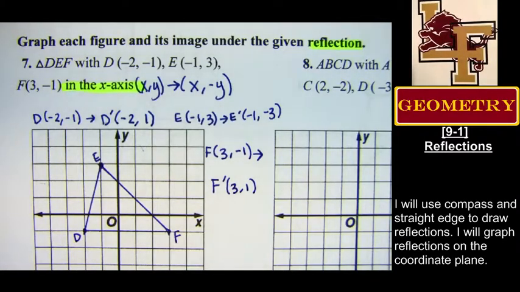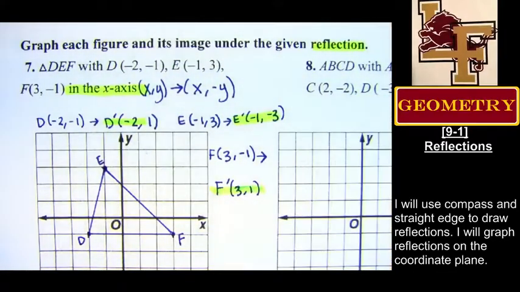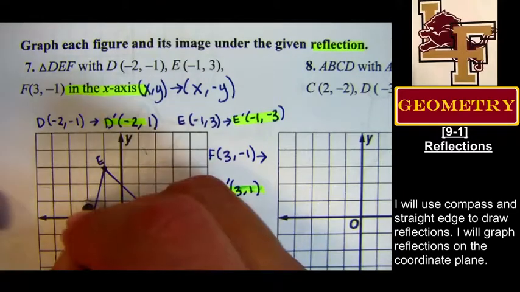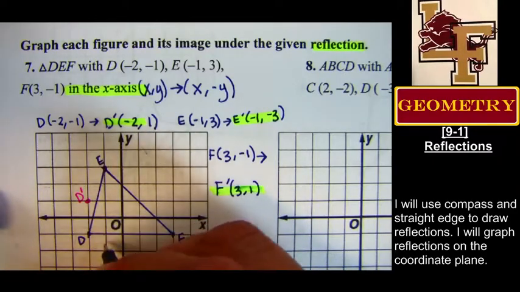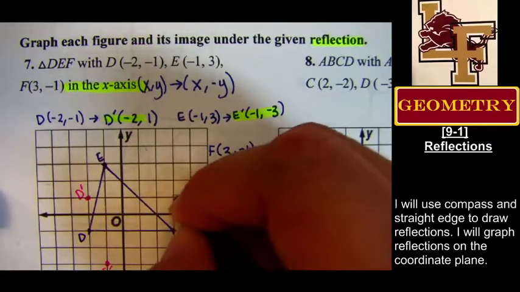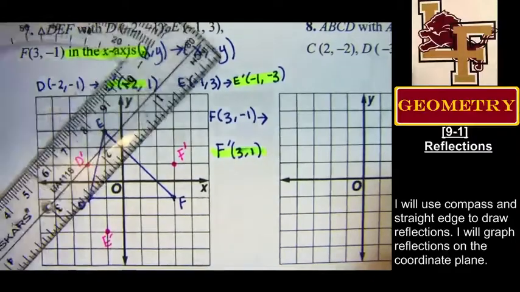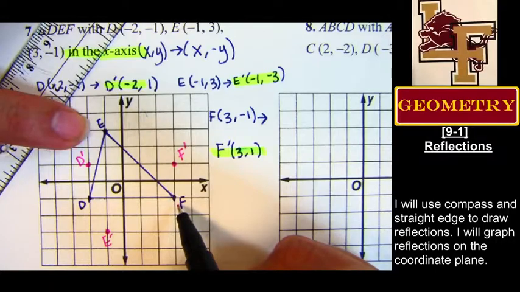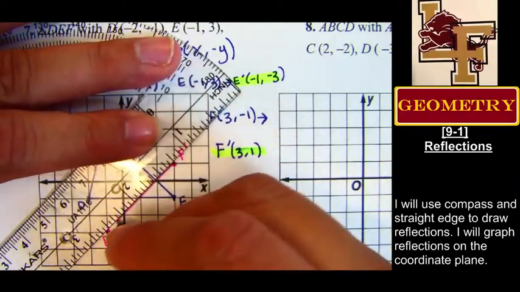All right, we're going to graph our image. Those are the 3 points that we're graphing now. And make sure that you label each point. In my original pre-image, E and F were connected, and so in my resulting image, E and F are connected.